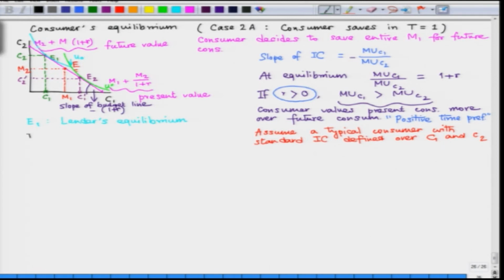So, if that is the case, then we got E2 as the borrower's equilibrium.